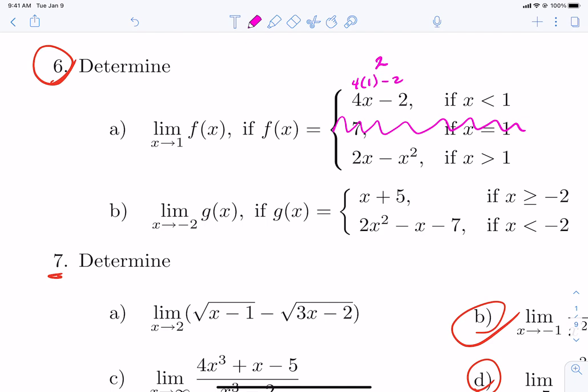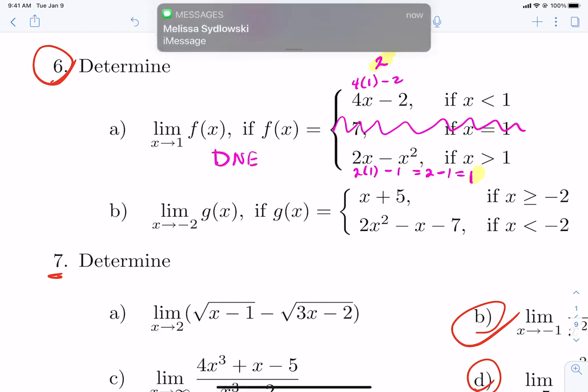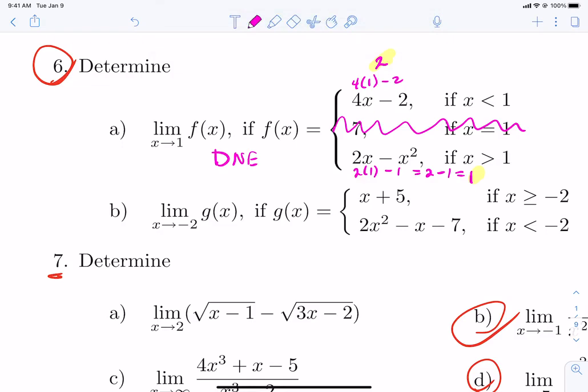Now, as we come in from the right, we reach a height of 1. Since these do not match, we are approaching different things, the limit does not exist. So part 6A, the limit doesn't exist.